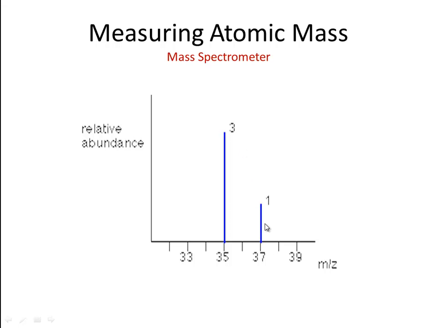So it's about a 3-to-1 ratio. And it turns out that the taller peak corresponds to chlorine 35, and that's where the 35 comes in, and the isotope chlorine 37 is responsible for the peak at 37, as you would have guessed.